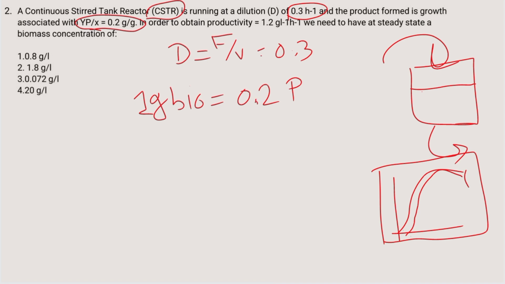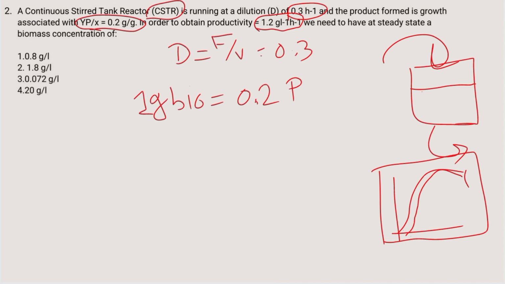And in order to obtain productivity of 1.2 gram per liter per hour, that is the rate of production, you want 1.2 gram per liter. So in the solution, per liter there will be 1.2 gram of the product, and you will obtain it within 1 hour of time.